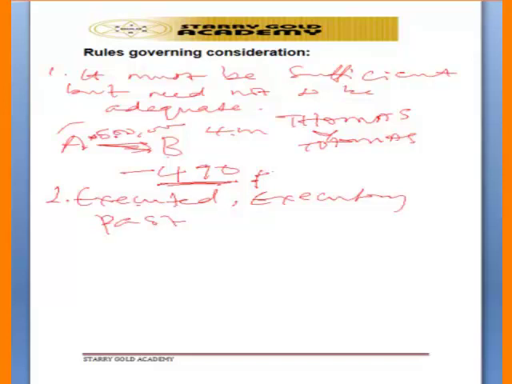Executed consideration means that the parties who exchanged promises have fulfilled their promises. That means that the consideration has been executed. Executory means that they have not fulfilled their promises, but they are still ready and fully prepared to fulfill their promises. So such promises are said to be executory.